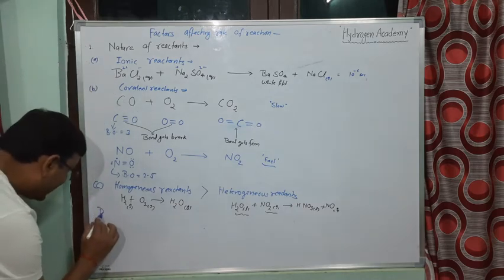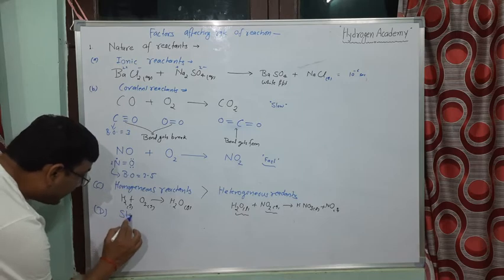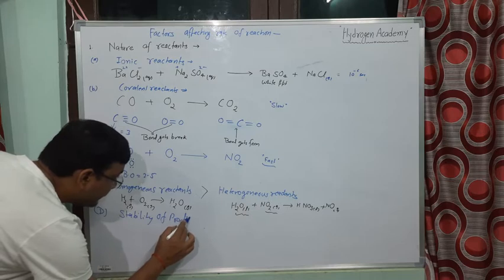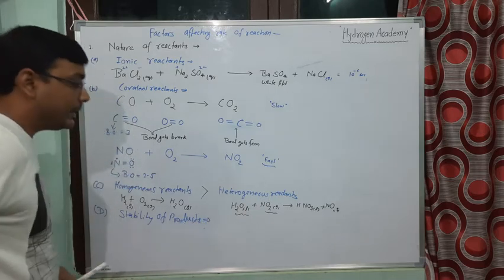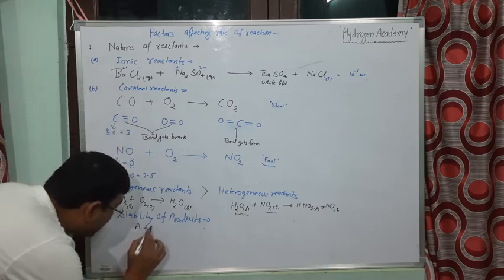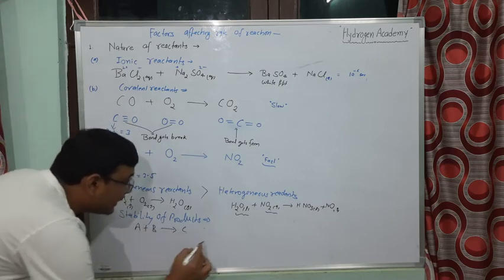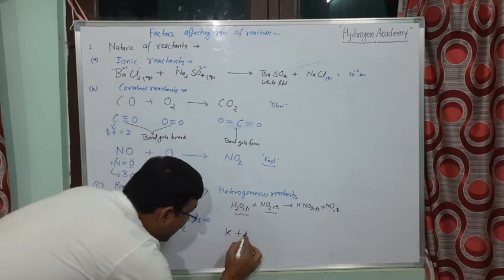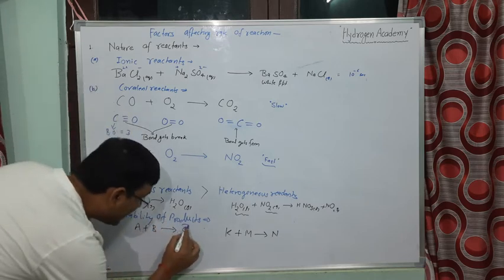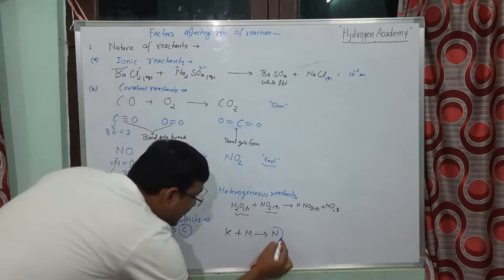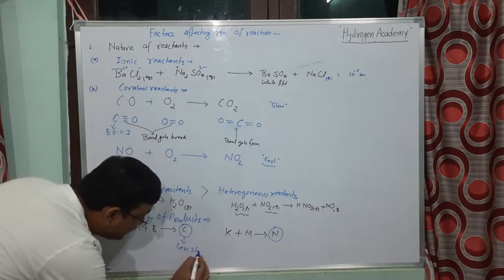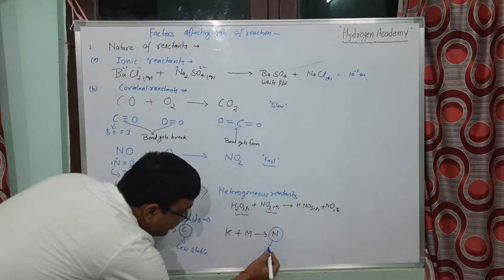Next is stability of products. If suppose there are two reactions, in one reaction A plus B gives C, another K plus M gives N. If here in this reaction C is less stable than N, means C is less stable and N is more stable.